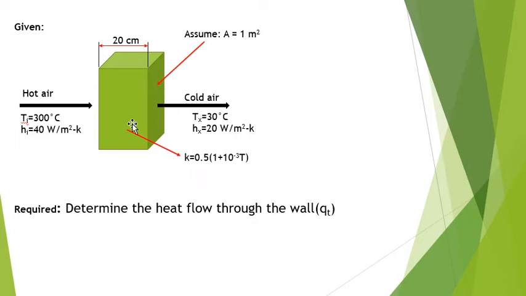The thermal conductivity of the wall is given by the equation 0.5(1 + 10^-3 T). Since there is no given surface area of the wall, we assume that it is 1 square meter. We are required to determine the heat flow through the wall, represented by Q.